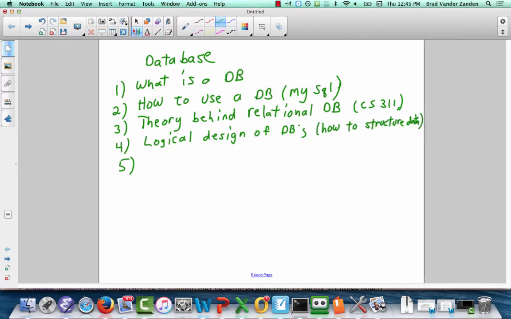And then we talk about the physical design, which is how you store it, using actual data structures like extendable hashing or B-trees, which we haven't had this far, but we will get to them. So physical organization on the file system.